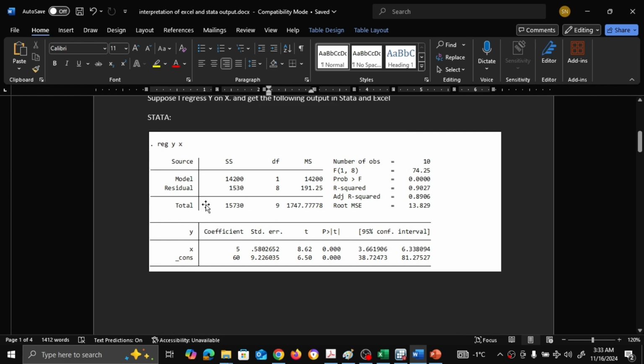It is the total distance squared between each value y and its average value y, the average y value, okay?